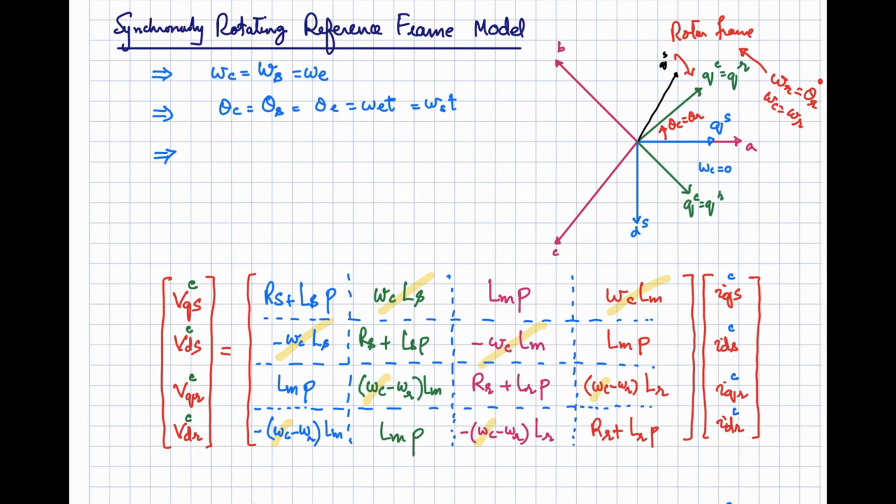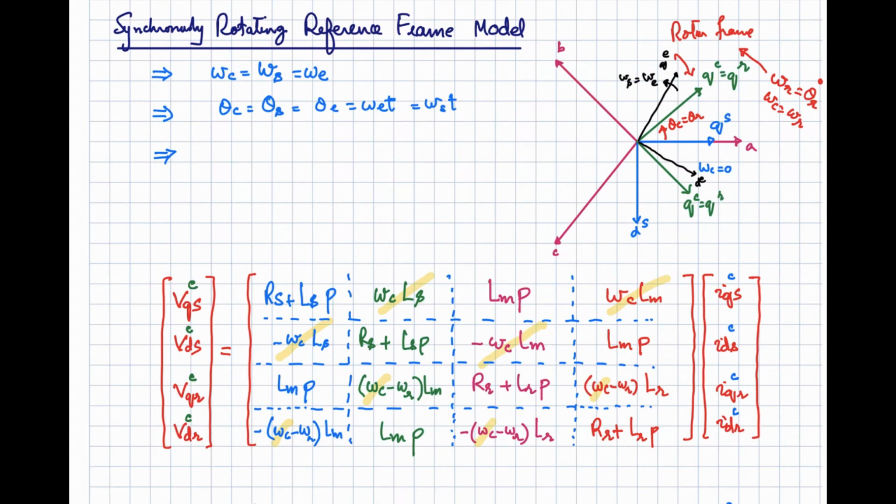Some textbooks represent it with the superscript S, some with E. So I will represent it with E to avoid confusion with the stationary frame of reference. So this is our frame of reference, QE and DE, and this frame of reference is rotating at the speed omega E, that is equal to the stator speed omega S. However, I will use the subscript E to represent the speed of this frame of reference.